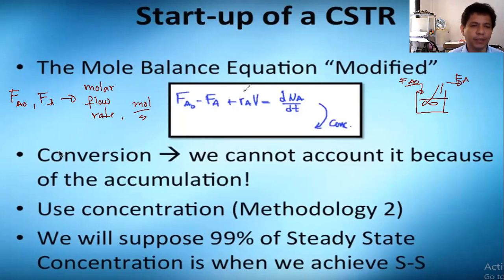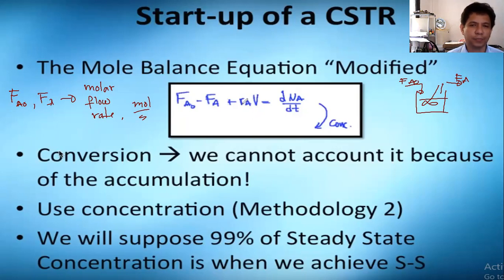Whatever is generated by the reaction, r_A times V, is added to F_A0 minus F_A. This is added because r_A is generally equal to negative k C_A.